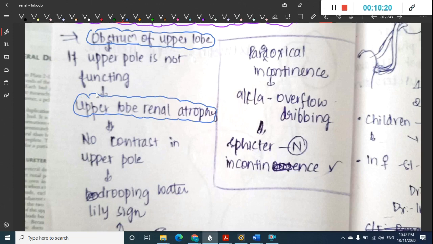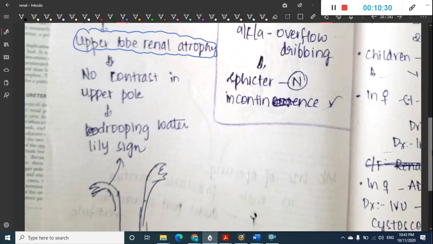This leads to atrophy of the upper lobe of the kidney, so there is no contrast going into the upper lobe of the kidney.